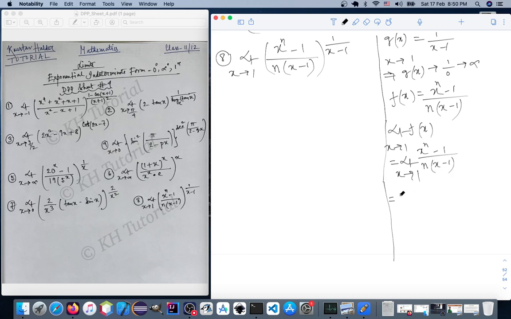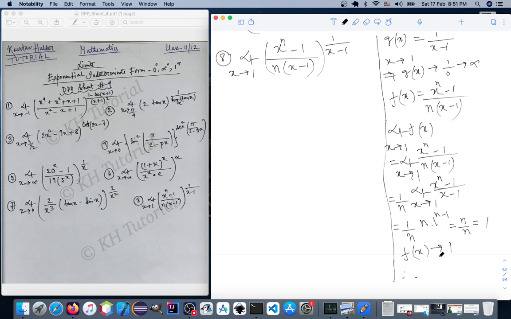If we bring the 1 by n outside, this is a standard formula where the answer is limit x tends to a x to the power n minus a to the power n divided by x minus a is n into a to the power n minus 1. Over here a is 1. So this limiting value will be n into 1 to the power n minus 1. This is n by n. This is 1. So basically fx is tending to 1.